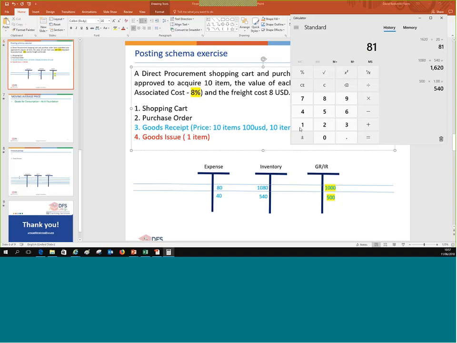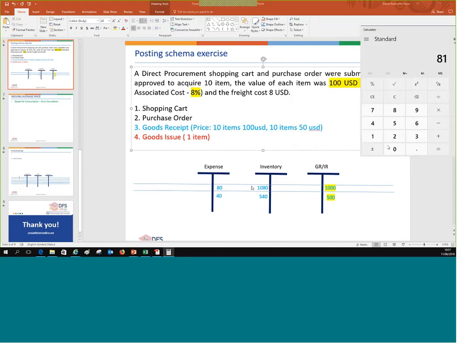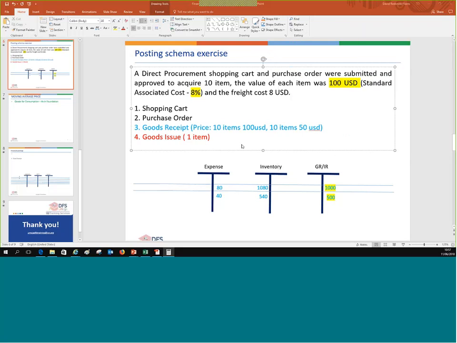Some of you already replied correctly that the moving average price is 81. So what I just did is take the whole value of inventory and divide it by the number of items. So the moving average price in this case in the system will be 81.